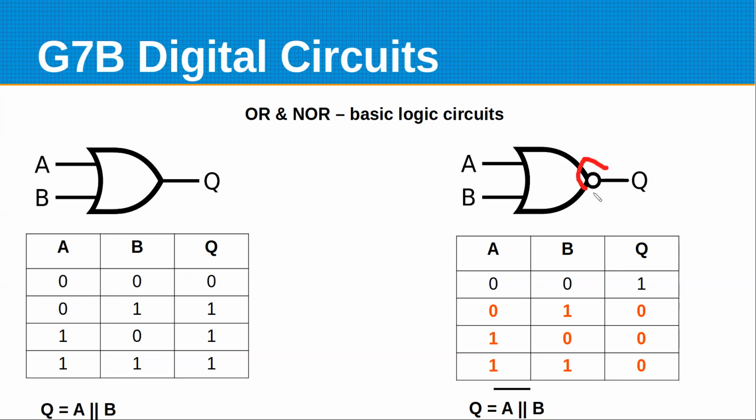Likewise, we have a not version of the OR, which the NOR we call it a not OR, and the NAND was a not AND, and this little circle we call a NOT. In this case, its output is only true when both inputs are false. In any other case, its output is going to be false.